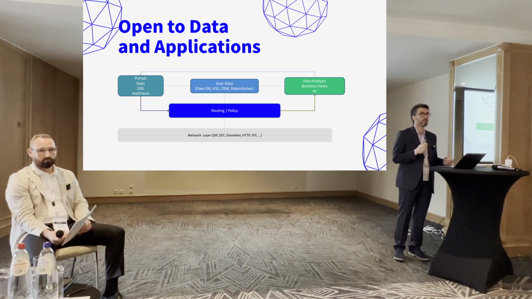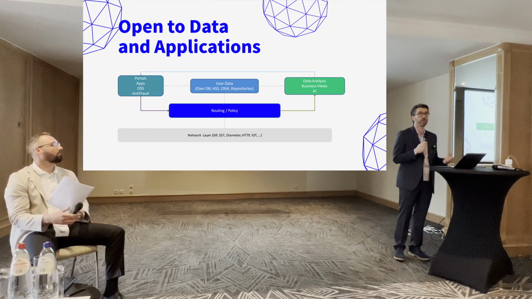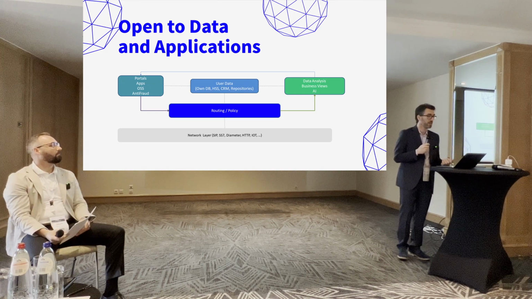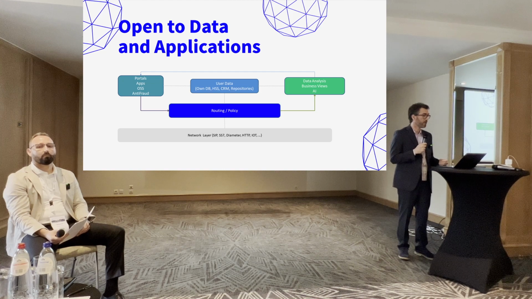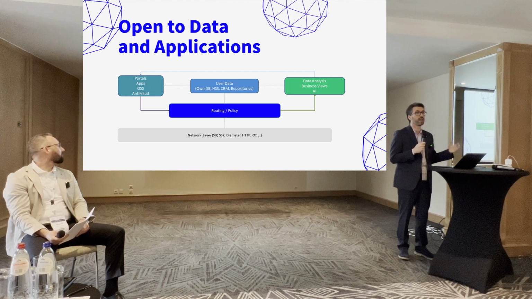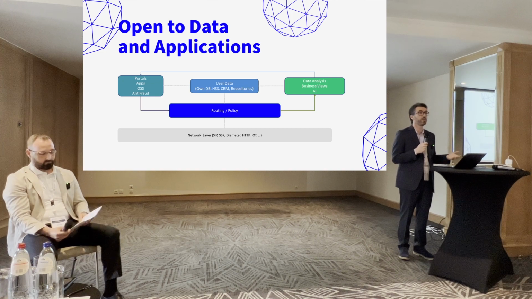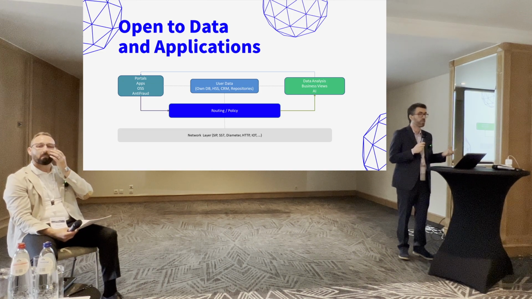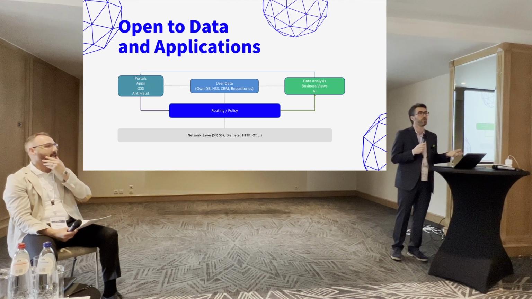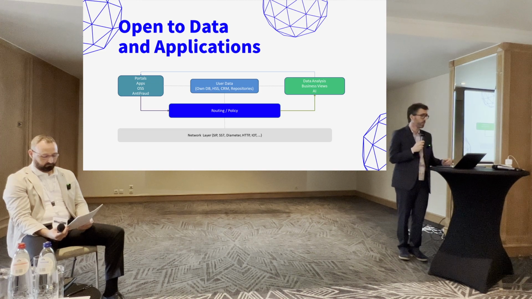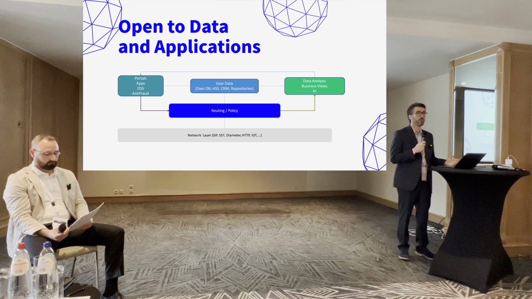I heard some speeches this morning which said that the value is shifting from pure voice to data analytics, for instance. And that's particularly important because you want your routing layer to provide data there as well. Let's say valuable information to data analytics or systems that would do business views, or even systems based on artificial intelligence, which would give you a sort of insight into the trends in your network, how well your network is behaving, and what is there to be corrected or enhanced.